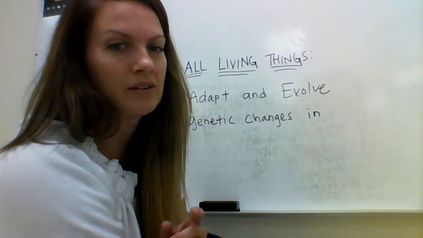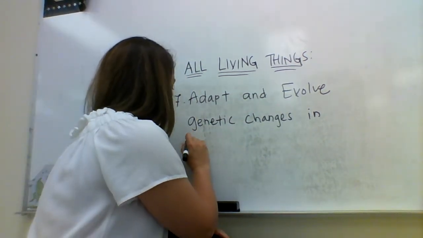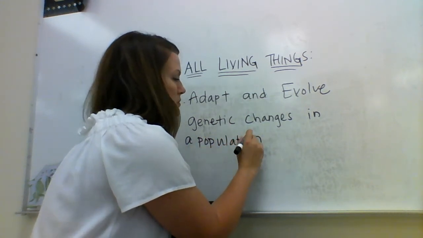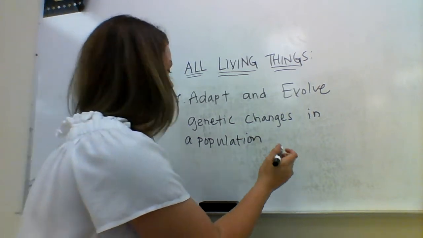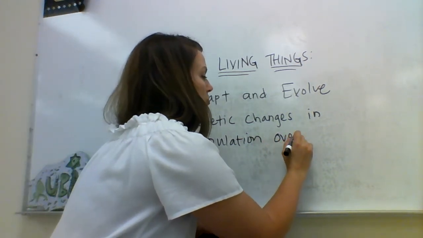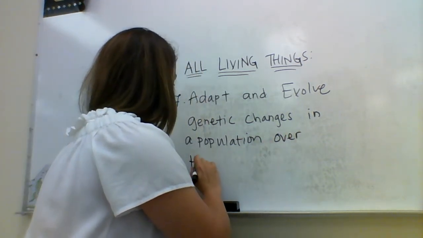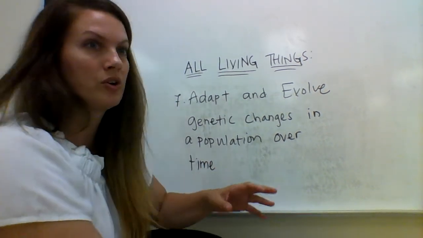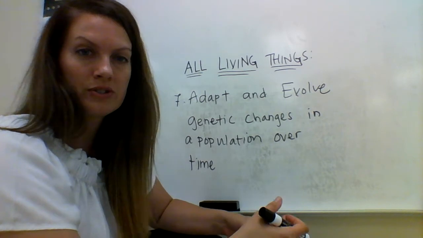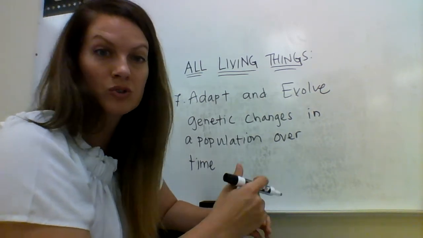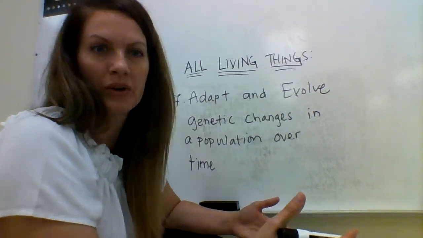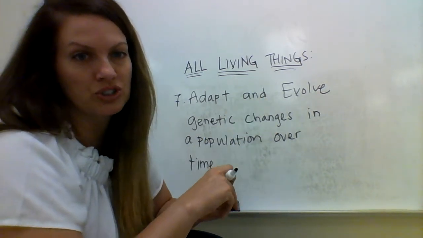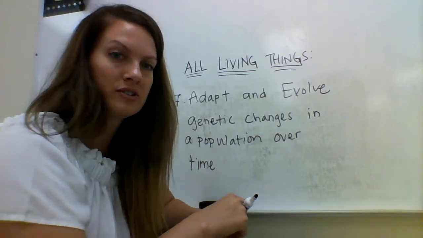Not in one organism, but genetic changes in a population, so in a group of organisms, the same species, in the same geographical area, over time. And we mean a long time. So tens of thousands to hundreds of thousands of years in the case of some species, quicker in organisms that reproduce quicker, like in bacteria. But this is what we mean by evolution and evolutionary adaptations.